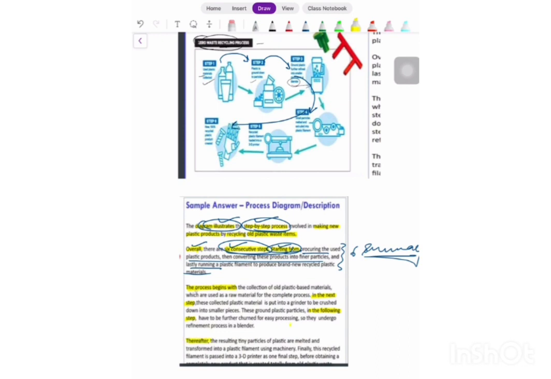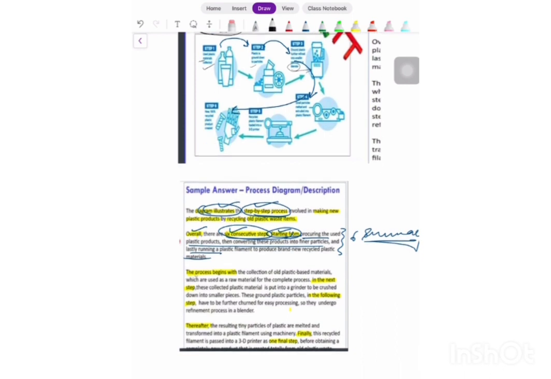Thereafter, a good linker is present. The resulting tiny particles of plastic are melted and transformed into plastic filament using machinery. Finally, this recycled filament is passed into a 3D printer as one final step. Okay, as one final step before obtaining a completely new product that is used or that is recycled totally from old plastic waste. तो ये लाइन मैं यहाँ लिख देती हूँ, कट गया शायद.